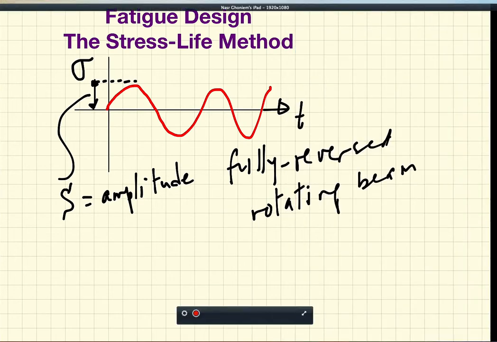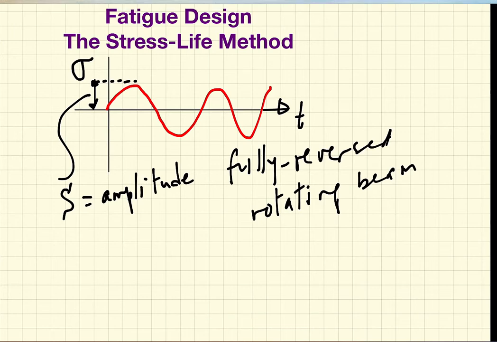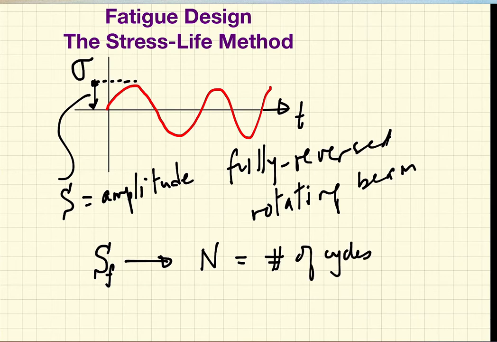To continue the terminology, S sub F will produce a certain number N, and these are the number of cycles to failure. So the consideration that we have is that we would like to characterize the relationship between S and N.